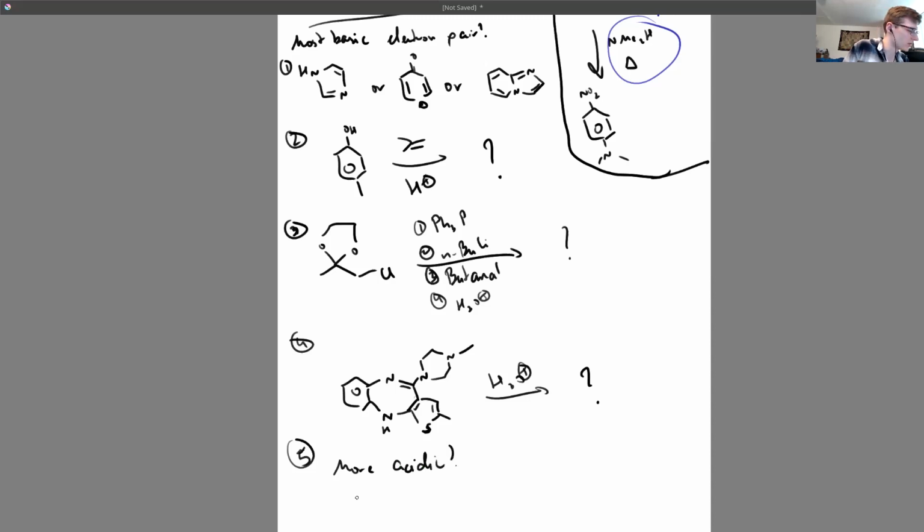Pick which of these molecules is more acidic. Oh, it's not a sulfur. It should be a nitrogen. Okay. So there's a couple.